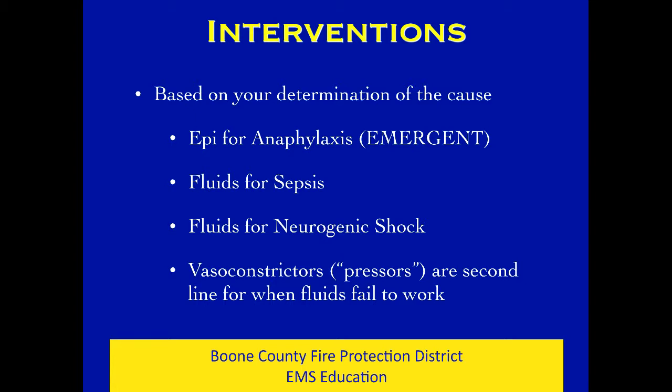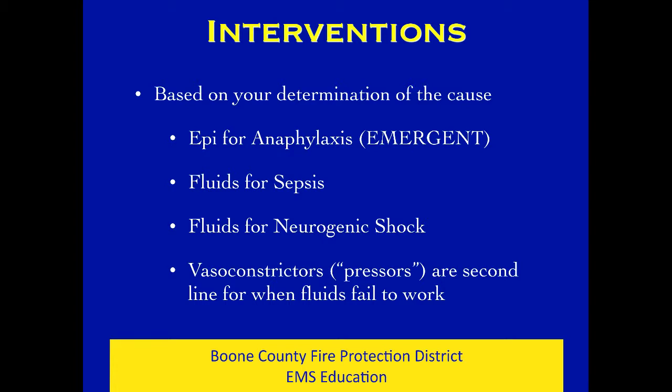In the case of anaphylaxis, we want to interrupt the chain, fix the problem. If we had something quick to fix the systemic infection of sepsis, we'd go to that, but we don't have something quick. If we had a quick way to fix the problem in neurogenic shock, we'd go to that, but we don't. For anaphylaxis, we have a quick way to fix the problem: epinephrine. We go with that.